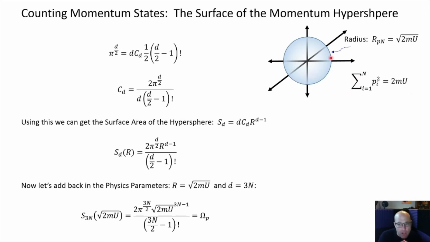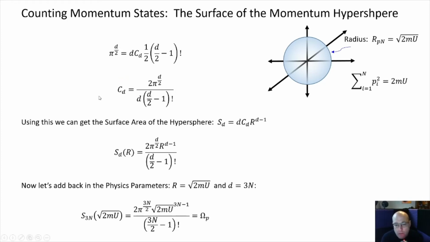So the number of states that live on this surface that are allowed to be involved in microstates of our monatomic ideal gas. So it's a pretty cool trick, I think. We basically, as I said a few lessons ago, just sort of turn the Gaussian integral calculation on its head, where instead of using geometry to calculate an integral, we now use the integral to calculate something about geometry, namely the value of this c sub d.